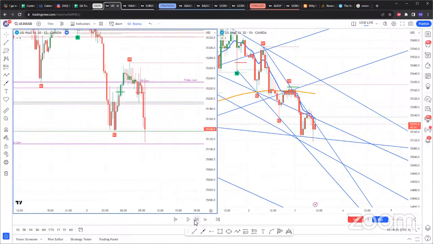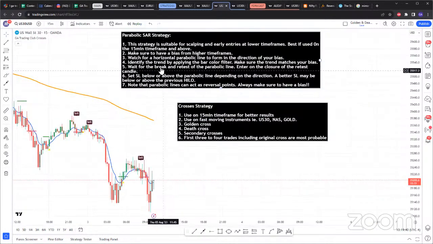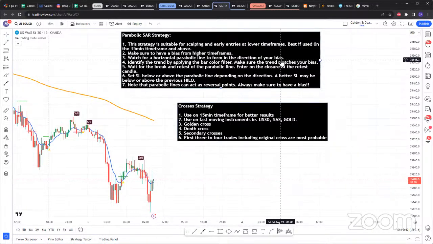So this candle closed below, so we got that break and retest. And you can see the candle opened bullish to fake out and stop people out, and then it literally melted back down to the downside. So that's step number 3. Watch for that parabolic line.